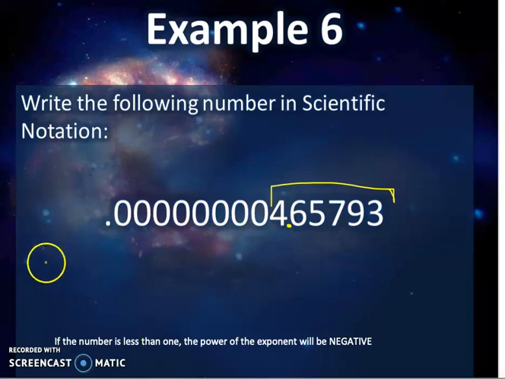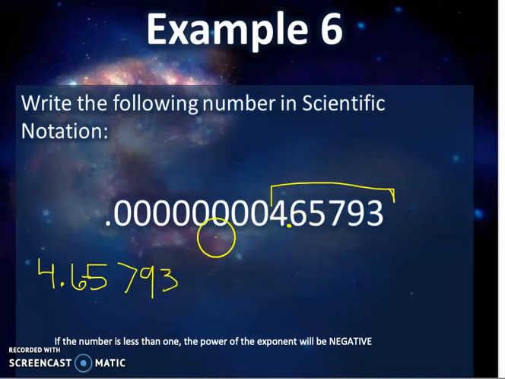And again, let's write our new number, 4.65793. And let's count how far away our new decimal point is from our old decimal point. 1, 2, 3, 4, 5, 6, 7, 8, 9.